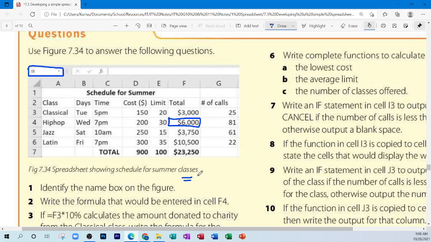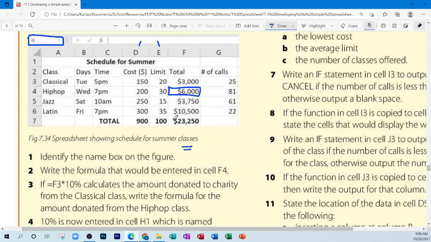Sir, equal D4 asterisk E4. Yes, that would be correct. So 200 times 30 should give you 6,000 here. So D4 times E4, correct?